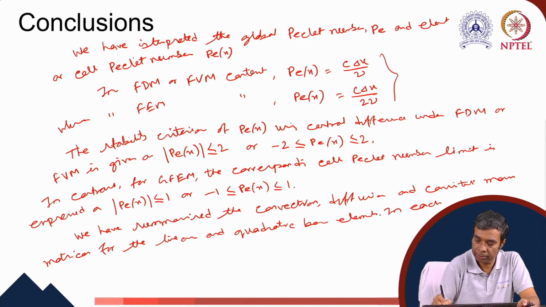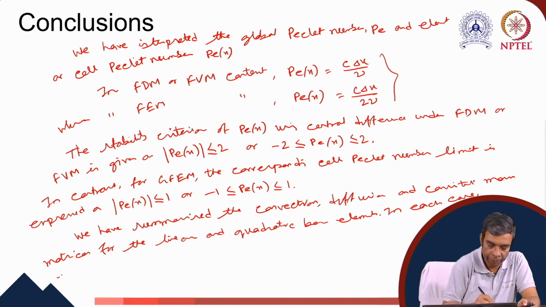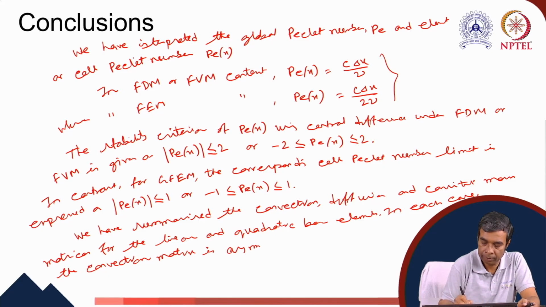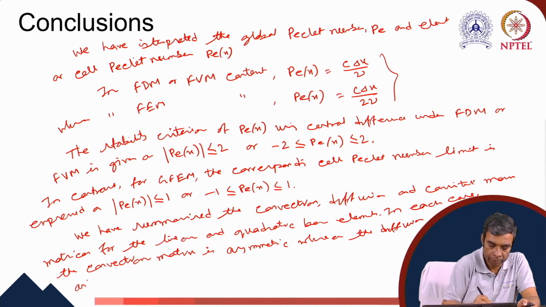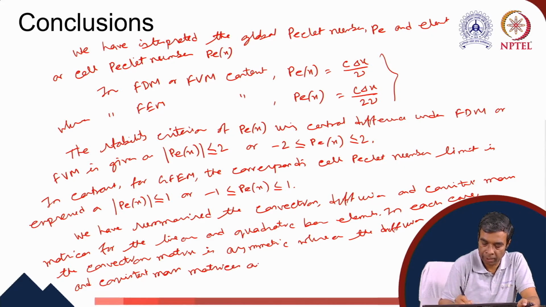In each case, the convection matrix is asymmetric, whereas the diffusion and consistent mass matrices are symmetric.